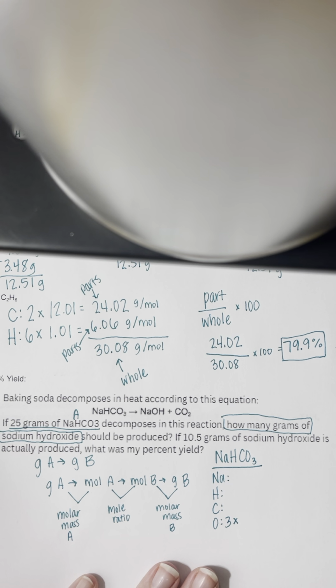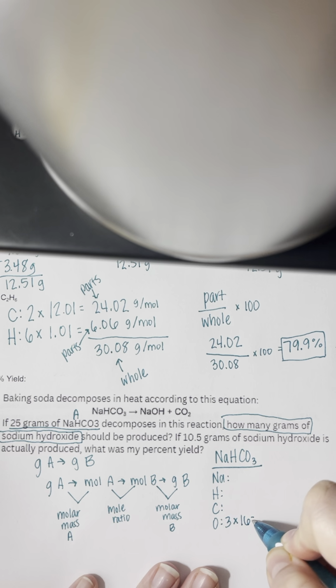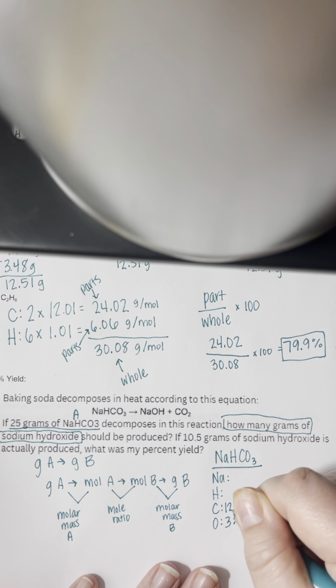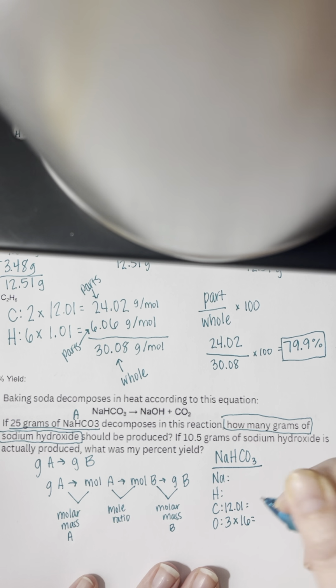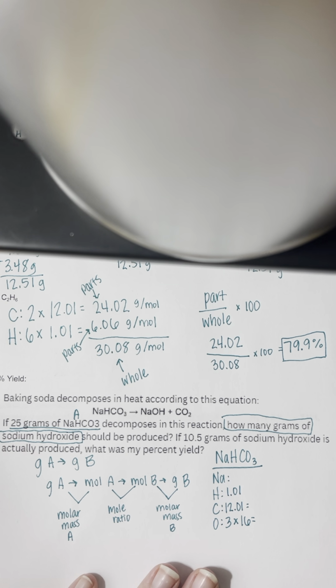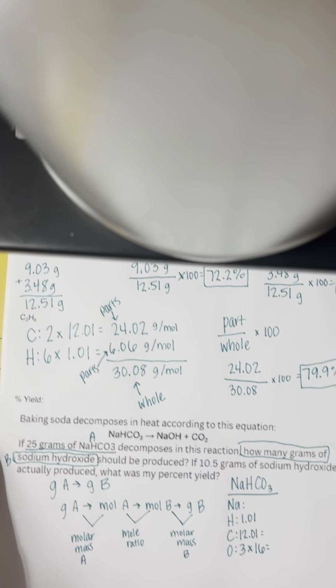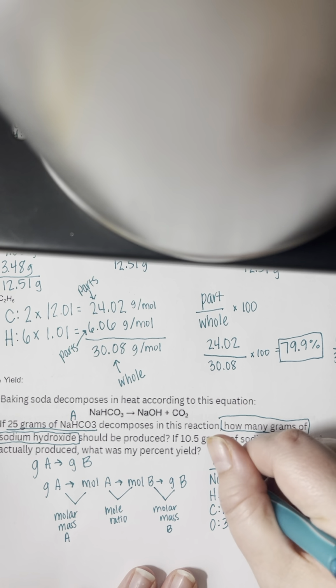Then you're going to use your periodic table to find the masses. Oxygen is 16, carbon is 12.01, hydrogen is 1.01, and sodium, Na, is over here, and it is 22.99.